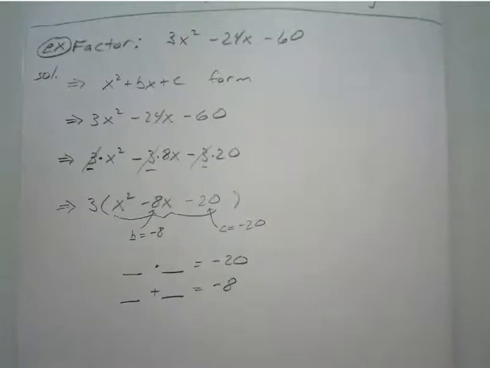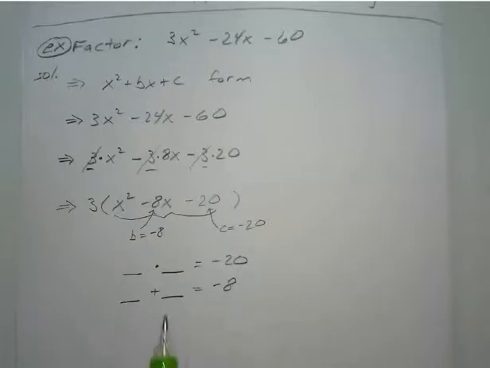Okay, so we can try 5 times 4. If you tried 5 times 4, or negative 5 and positive 4, or positive 5 and negative 4, you'll get the negative 20, but no combination of adding those together will give you negative 8. Okay, so what if we try 10 and 2?